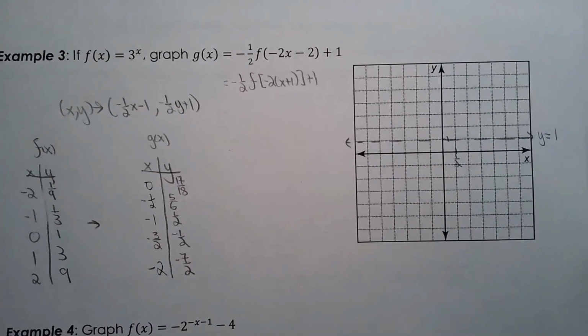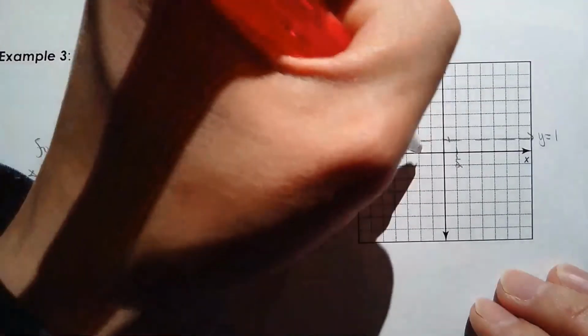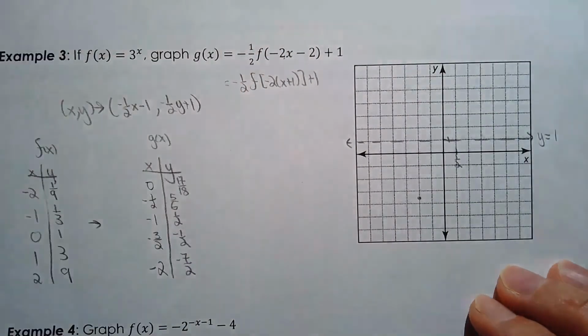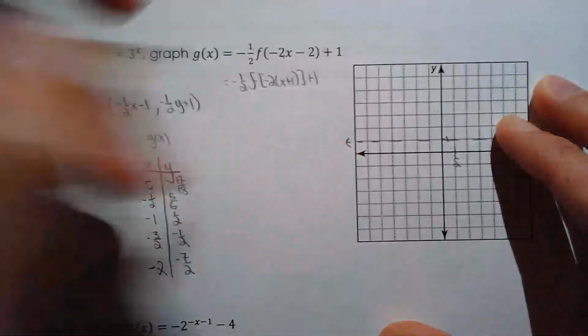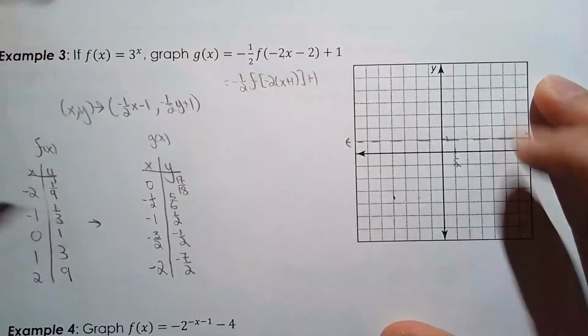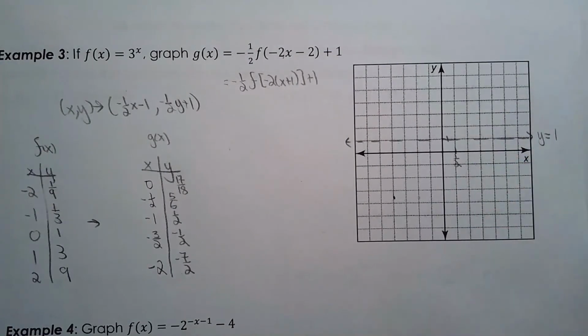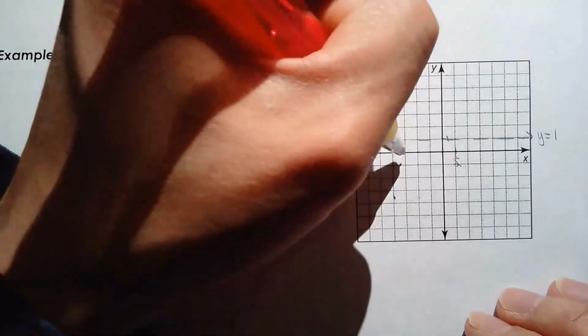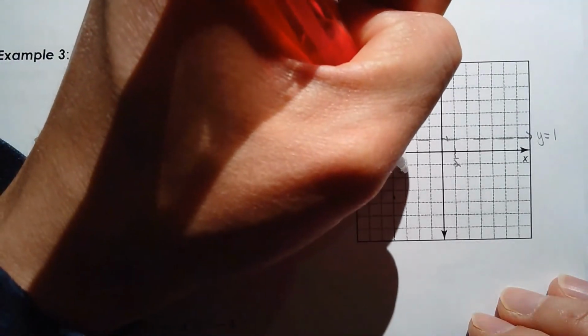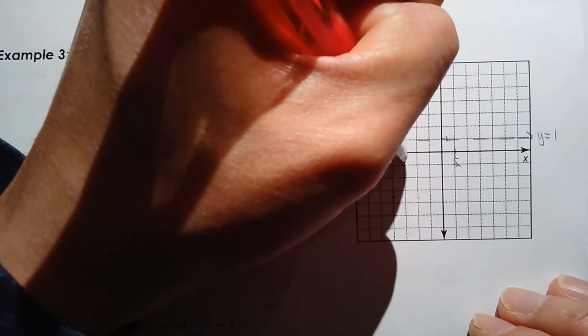And then let's plot -2, -3.5, -1.5. Oops. -2, 3.5. I forgot my scaling. -1.5, -0.5. And then -1.